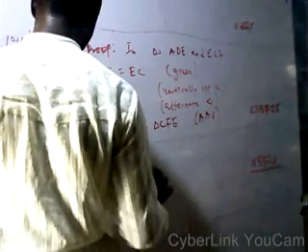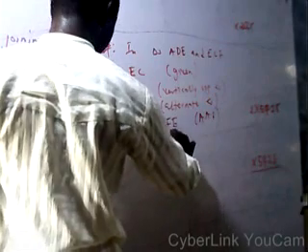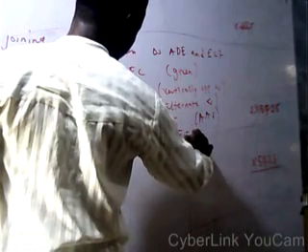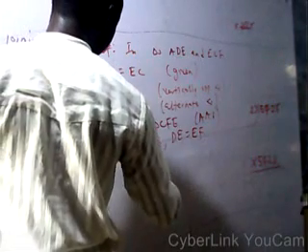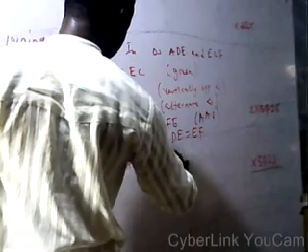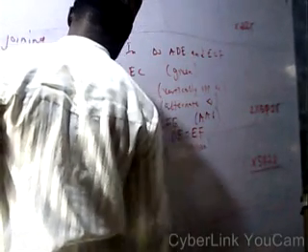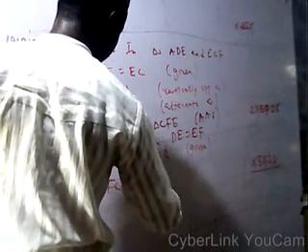So hence from here, we know that our AD is equal to FC, and our DE is equal to EF. So from here we know also that our AD is equal to DB. This one is given. So therefore FC is equal to DB.